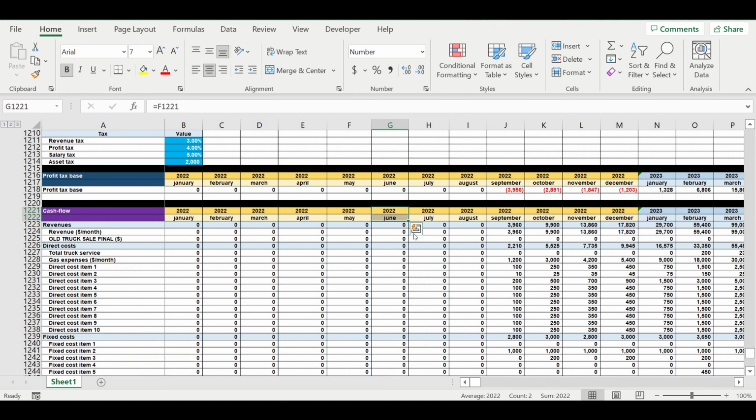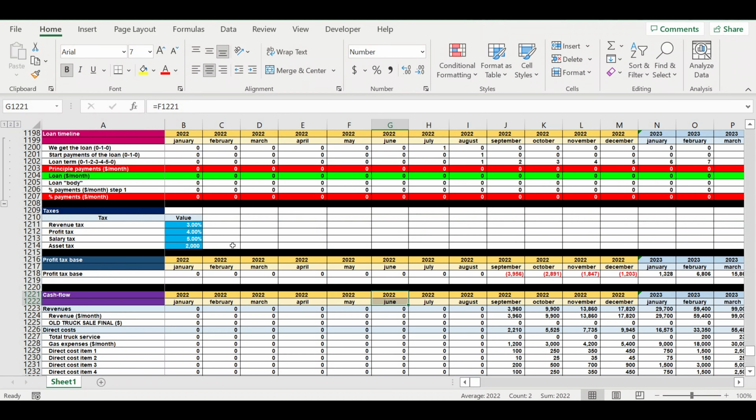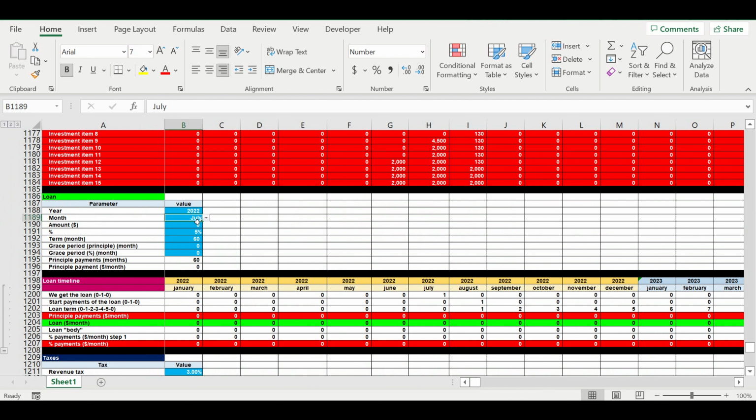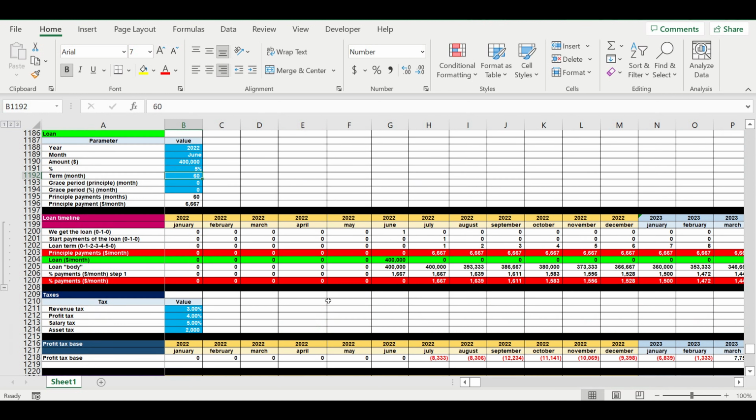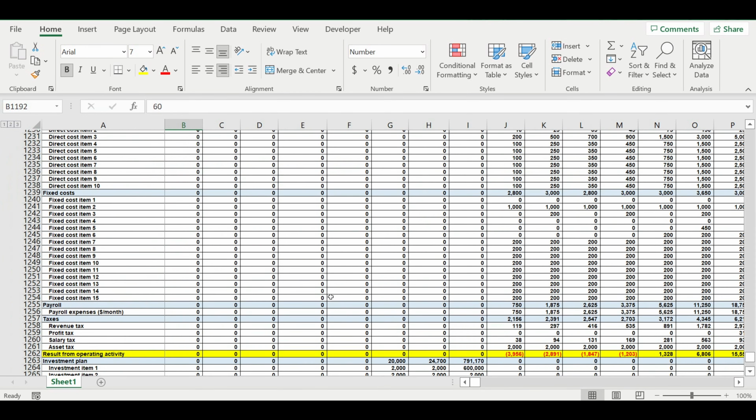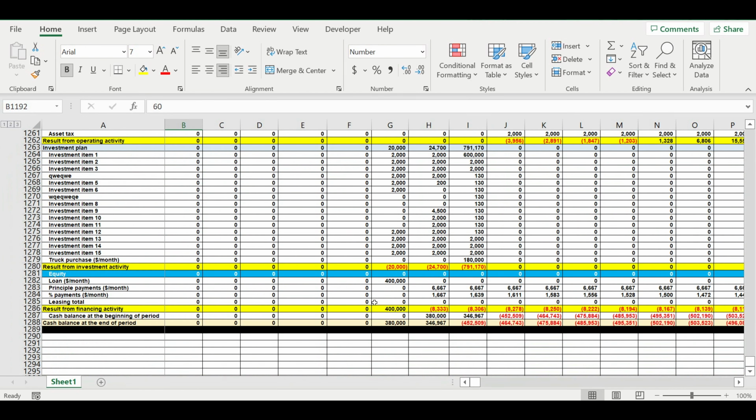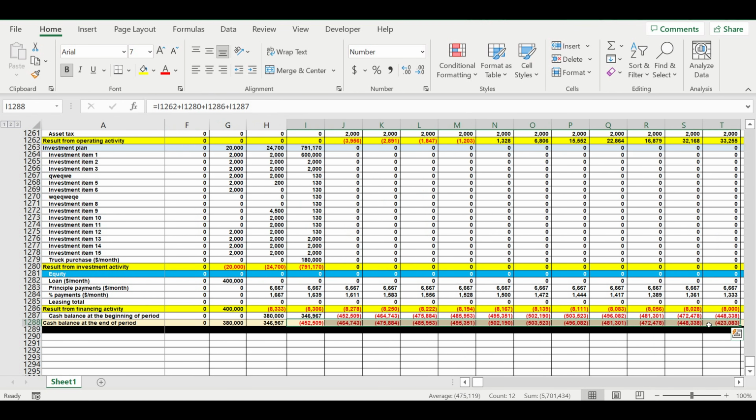So we're going here to June, we're going to take $400,000. This will be the interest rate, this will be the term of the loan. So we added the loan. Here we can see this loan, and we see that we still need additional financing here.